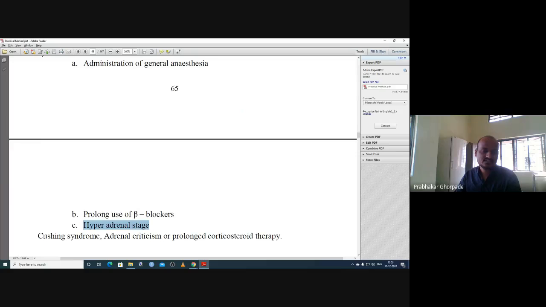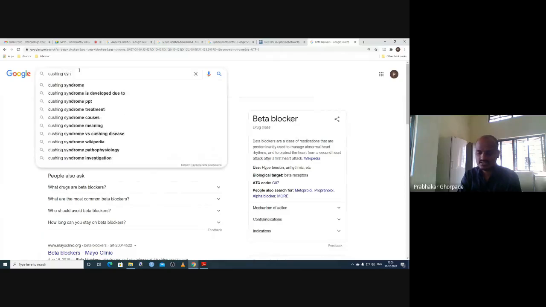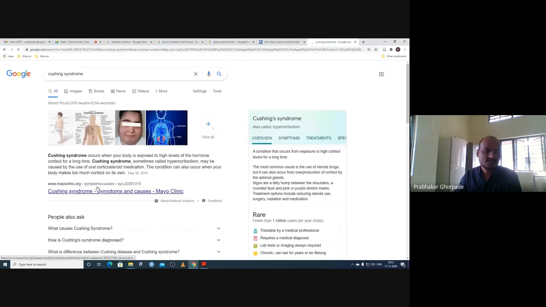Hyperadrenal stage means Cushing syndrome. Basically, it is hyperadrenal activity. Cushing syndrome occurs when your body is exposed to a high level of the hormone cortisol for a long time. It is sometimes called hypercorticism, and it can result from oral corticosteroid medication.